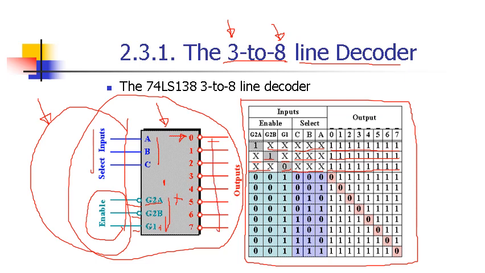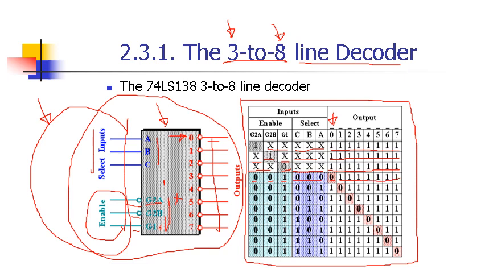Okay, now you are activating your 3 to 8 line decoder chip by providing G2A low, G2B low, and G1 high. If your select inputs are all zeros, your 0 output line would be low while the rest are high.